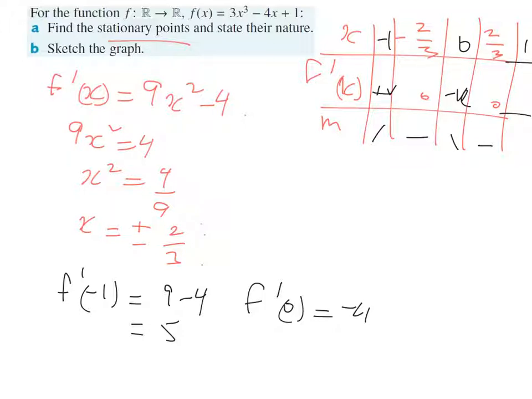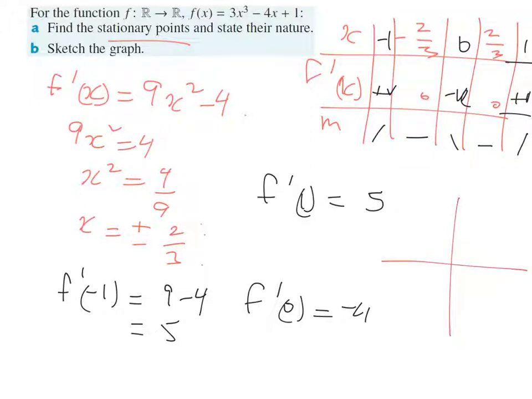And then f dashed of 1 equals 5. So once again, it is positive. So it's going to look like that. So overall, our graph will follow this kind of pattern. Up, flat, down, flat, up. So with two turning points there. So we're asked to sketch it.